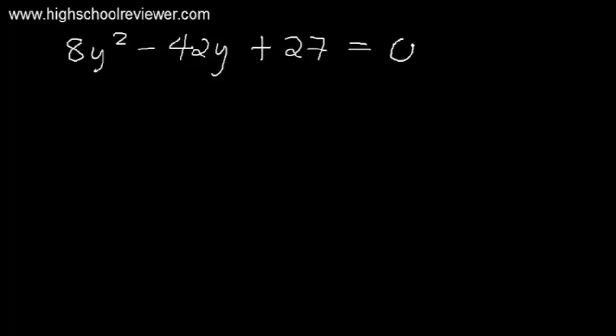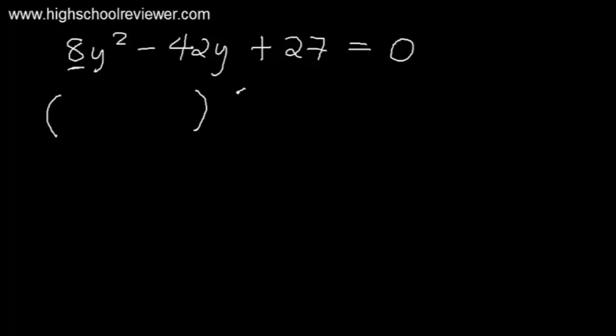Our next problem, we will have 8y squared minus 42y plus 27 equals 0. We cannot simplify this anymore, so this will be our final quadratic equation. Now, we have a numerical coefficient before our y squared, so we will start our factoring with our first term.